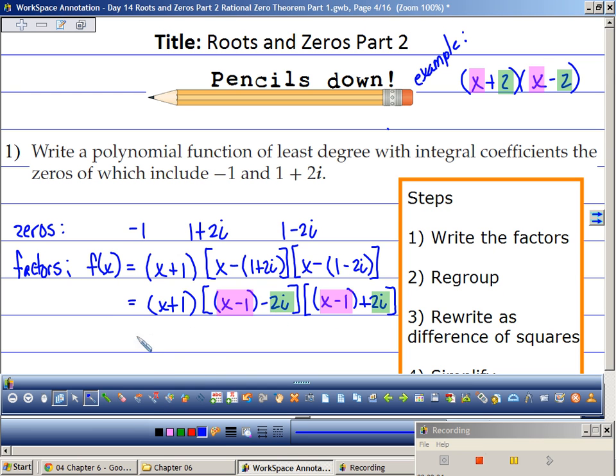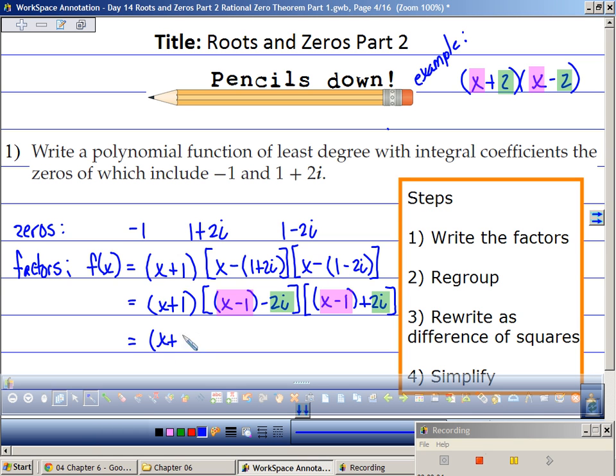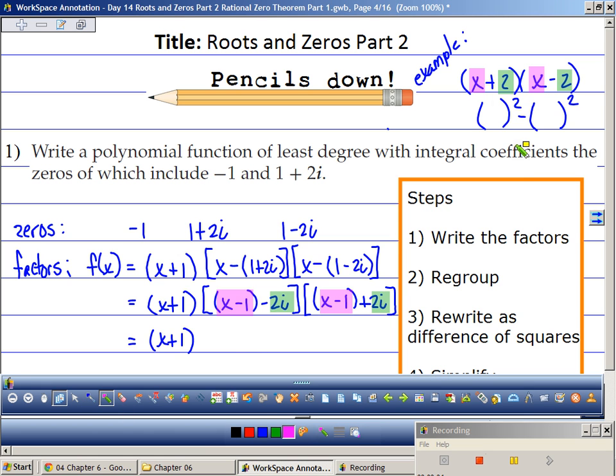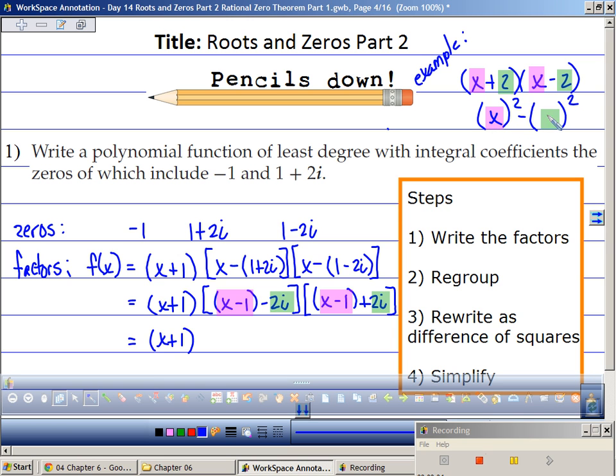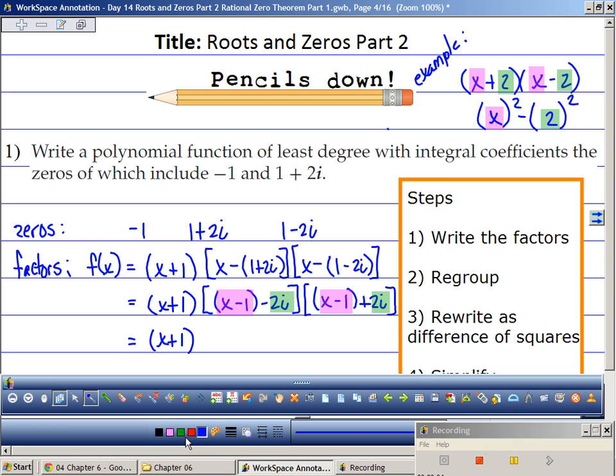Next, I'm going to rewrite it as the difference of squares. First, this is grouping. I discover, oh, this is the difference of 2 squares, so I'm going to write it like that. When I write this as the difference of 2 squares, where what goes in, this is my pink, and this is my green. This would be x and this would be 2. So I'm going to do the same thing here.